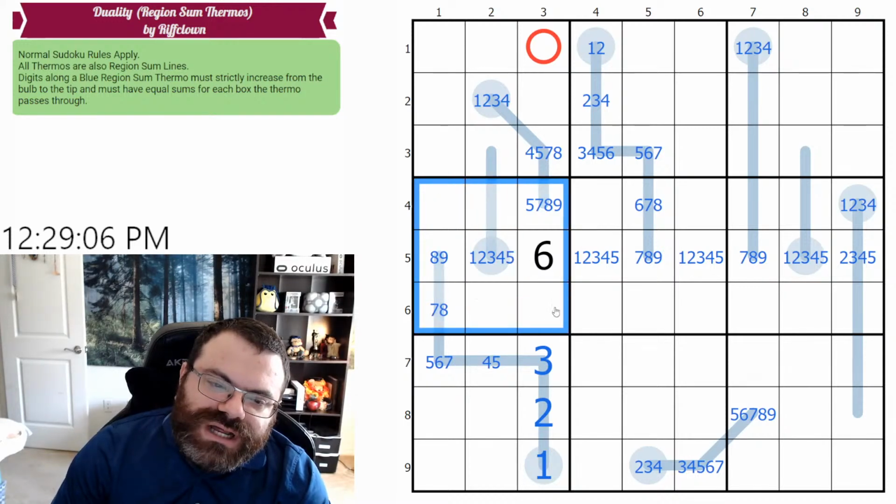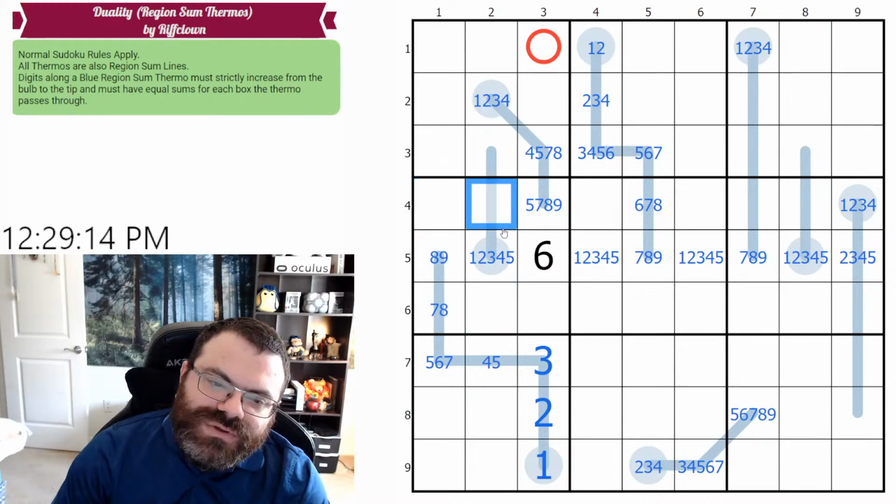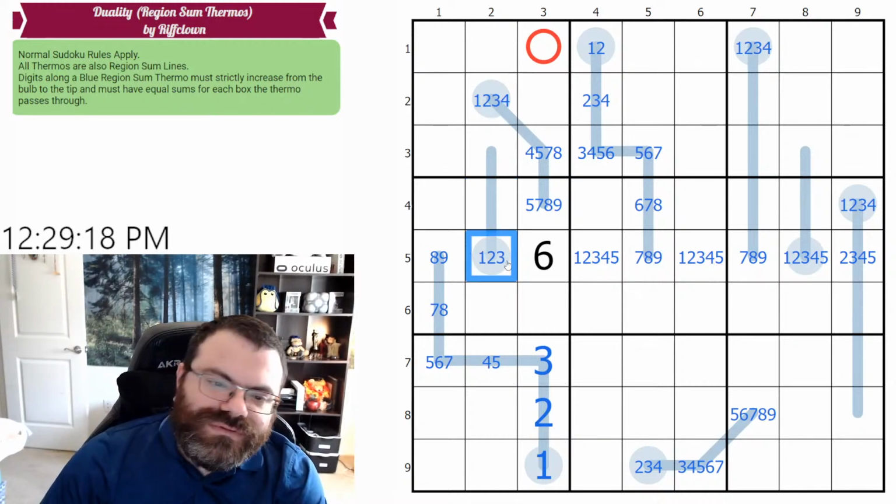One, 2, 3 in this box are in these cells. So 2 of them can hide off this thermo, but 1 of them is on this thermo. So this can't be a 4 or a 5, or that removes too many 1, 2, 3s from the box.